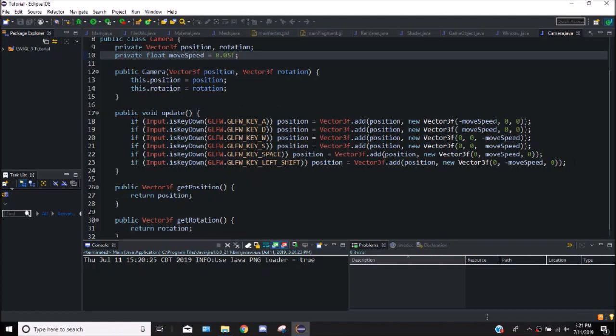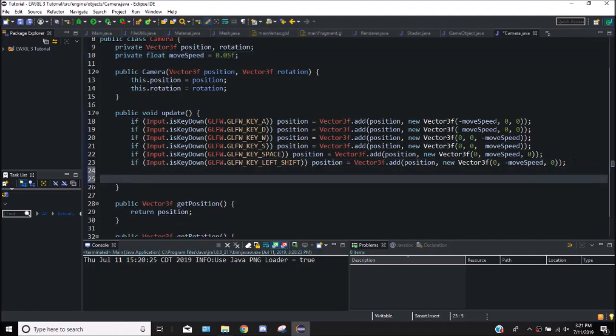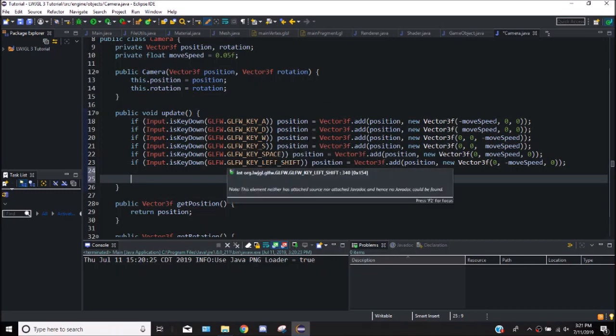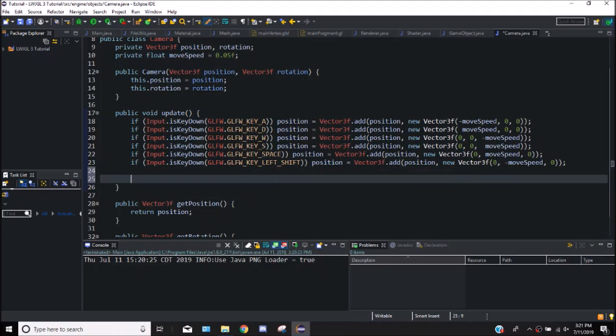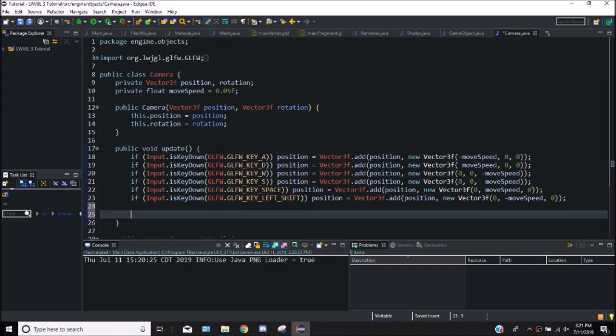Let's get started. The first thing we need to do is get the rotation rotating, and we can do that by using our mouse input. However, since our mouse input is where our mouse is and not how much it's moved between frames, which is what we're actually looking for, we're going to have to store a few more variables up here.